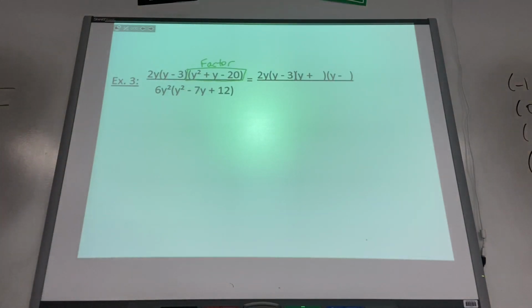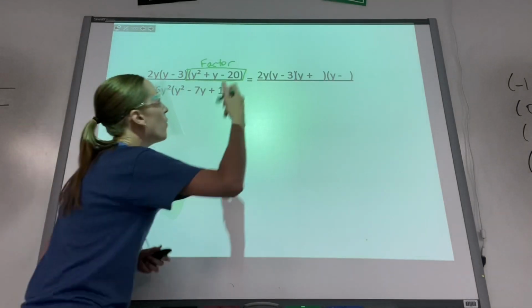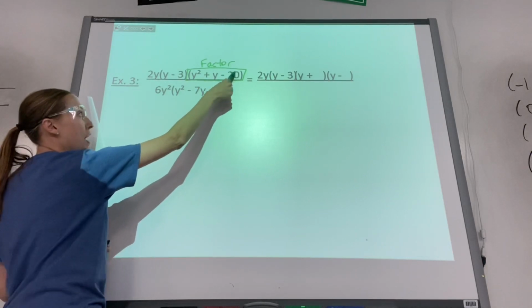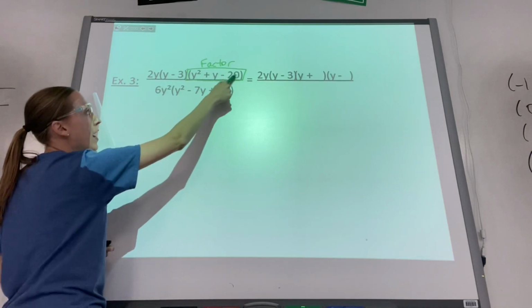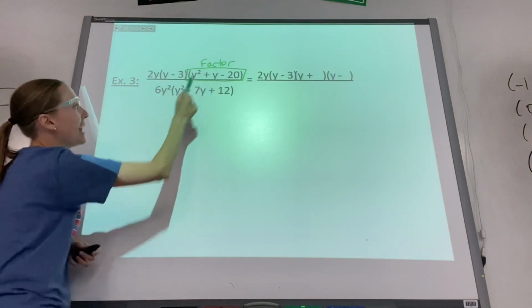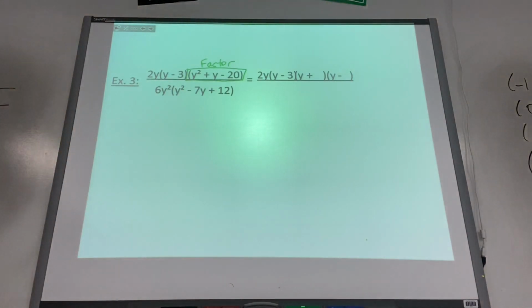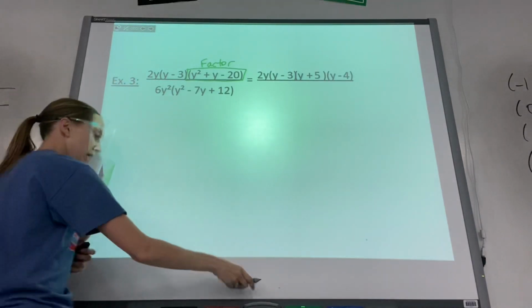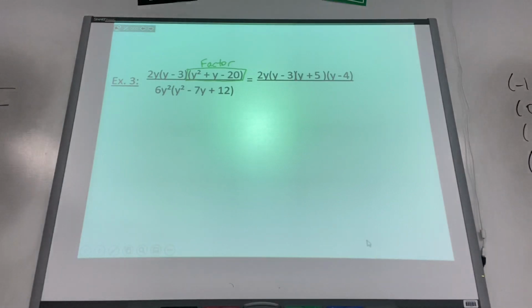I'm not sure if we'll see any yucky factoring today. I hope not, but you never know. With nice factoring, you're going to pick two numbers that multiply back here to the negative 20 and add to the positive 1. So 5 and 4, and I believe you'll want the 5 with the plus.